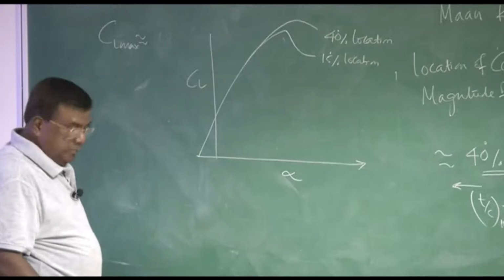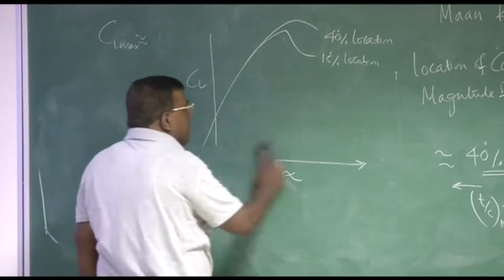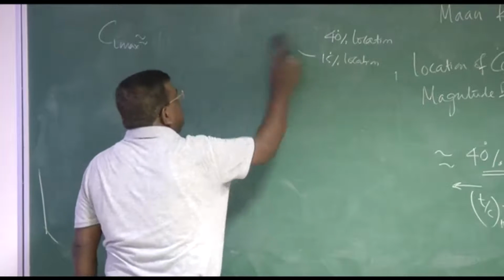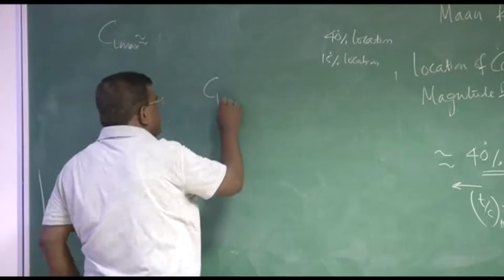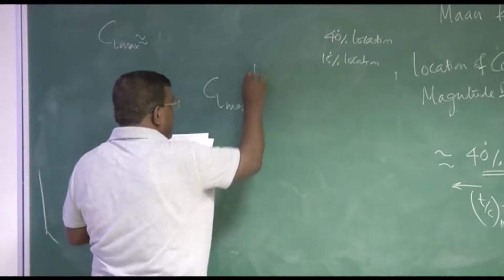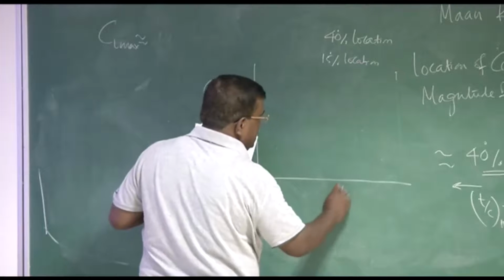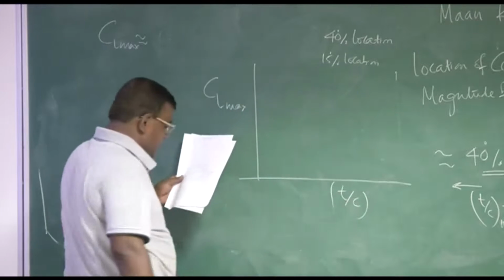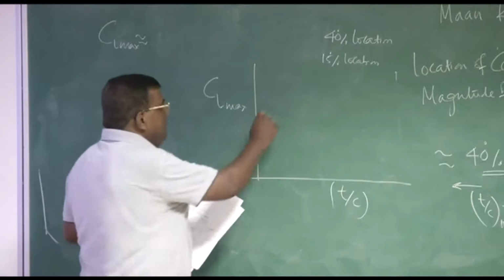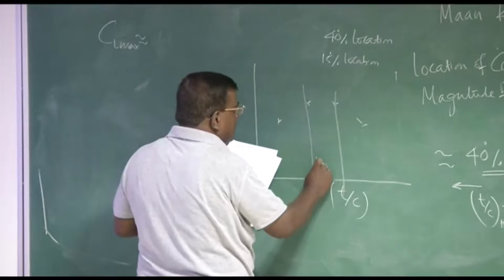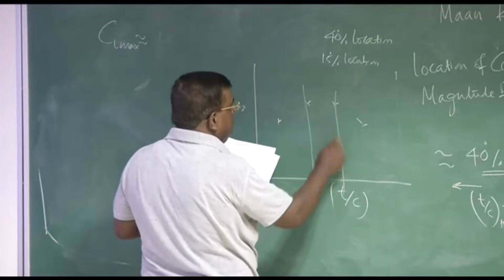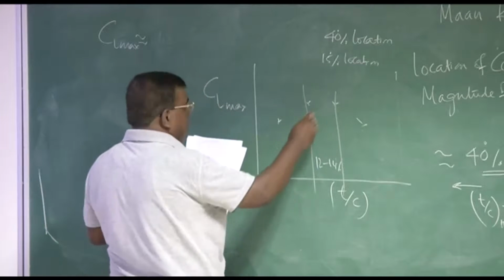And if somebody asks me, I was just checking the data set, if I want to know CL max versus t/c, what sort of t/c should I take? Typically you will find that around 12 to 14% CL max will be maximum.